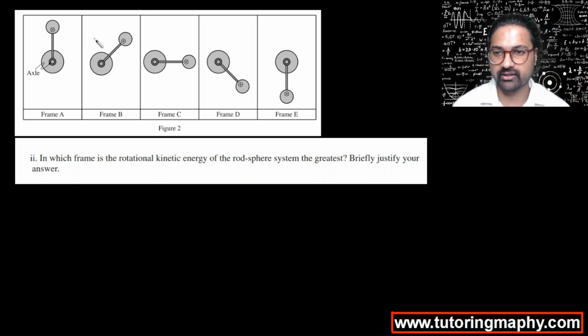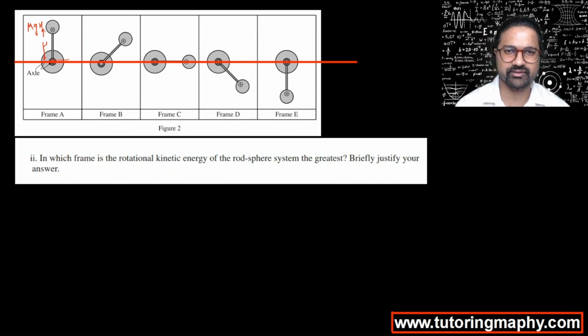Because we know that, let's take the reference as this point, as the center. So I'm taking my reference as the axle. This is the reference. Obviously the initial energy is mgh, whatever this height is. We do not know. Let's say the height is h. Now I'm saying that if we conserve the energy, and here the kinetic energy is 0, can we say that the total energy is actually mgh at frame A?